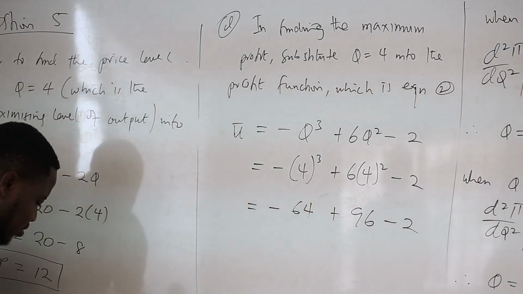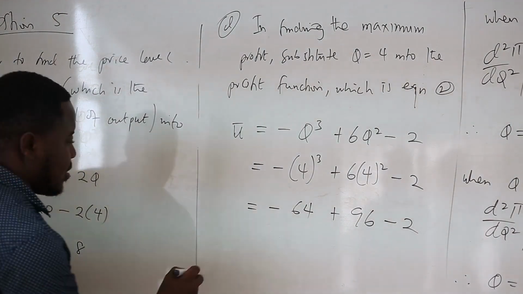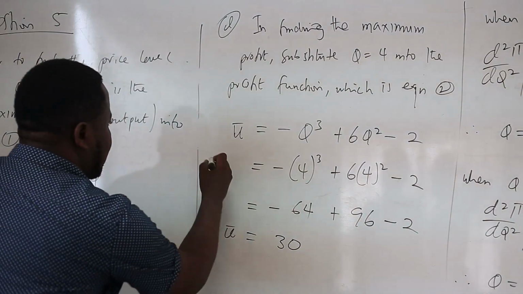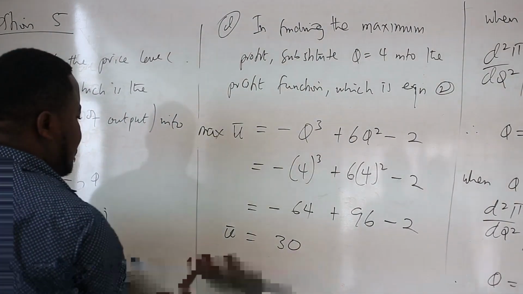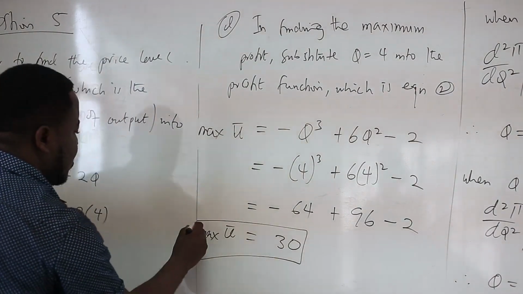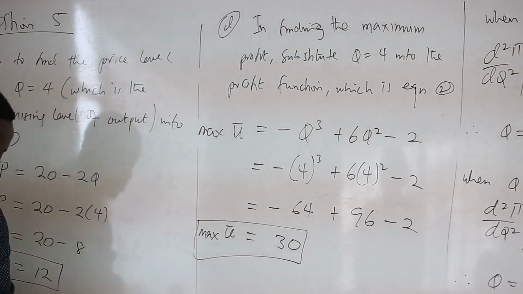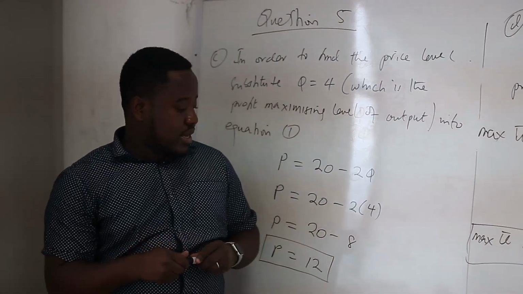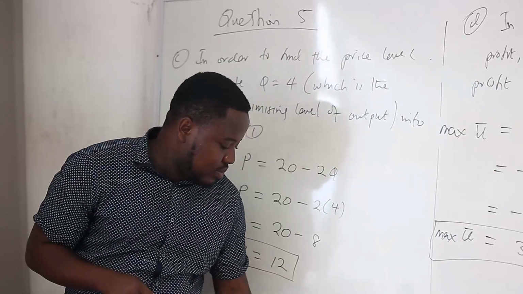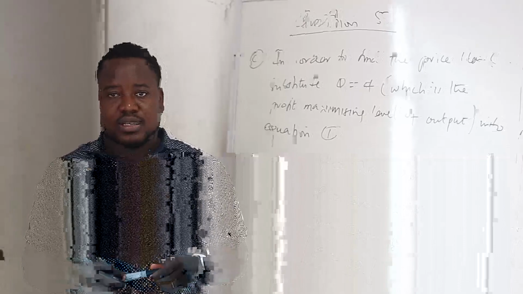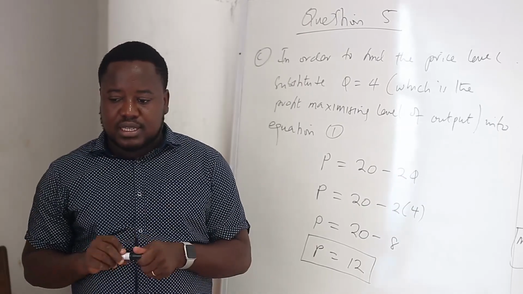And this is equal to 96 minus 66. So our maximum profit is equal to 30. So that solves practice question 6. You continue to try your hands on the other questions and let's see how it goes.